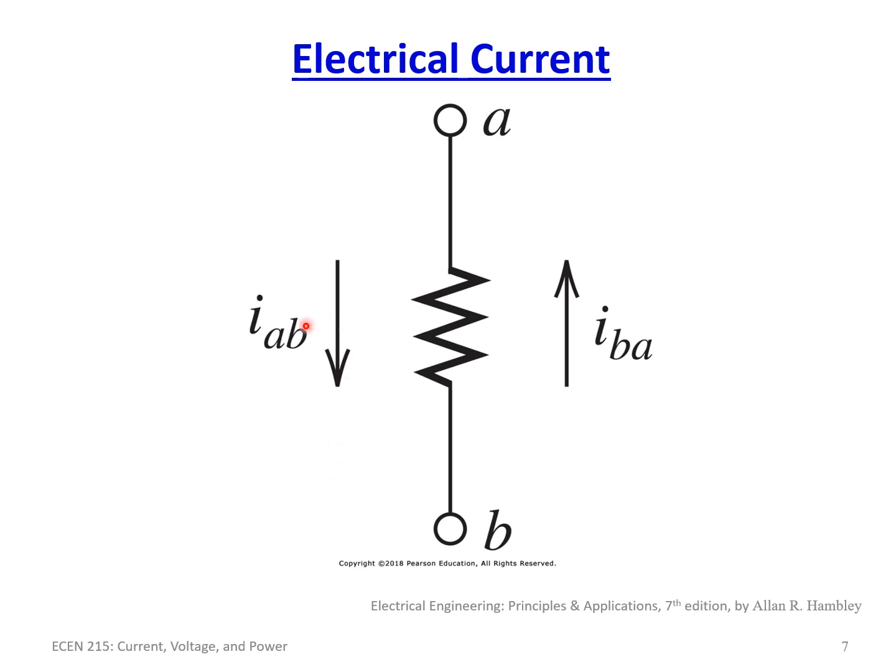So we could call this I1 and go this direction, or we could call it IAB, which is current going from A to B, and say that was 5 amps. But current going IBA would be minus 5 amps. So if this was 5 amps as IAB, then IBA would be minus 5 amps. It really just depends upon the direction that you're going.